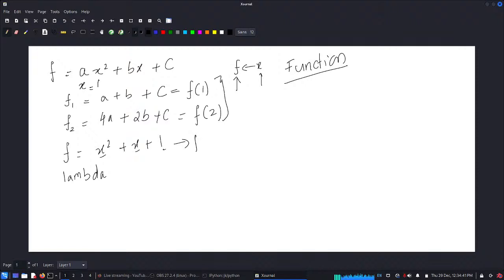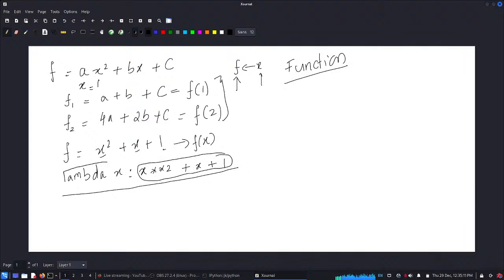This is like f of x. So lambda x, then a colon, and I'll write my formula x star star 2 plus 1 times x plus 1. Now this whole right hand side we have associated to a lambda in x. So what is that?